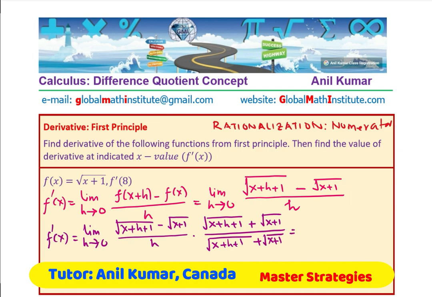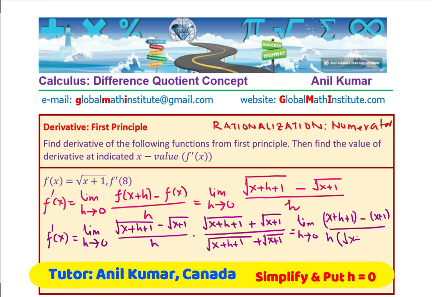So when you do so, in the numerator, you get a square minus b square. That is, I can write this as limit h approaches 0. Square of these means x plus h plus 1 minus square of that means x plus 1, right? The square root goes away. And in the denominator, we have h times all this, right? Which is square root of x plus h plus 1 plus square root of x plus 1, correct?